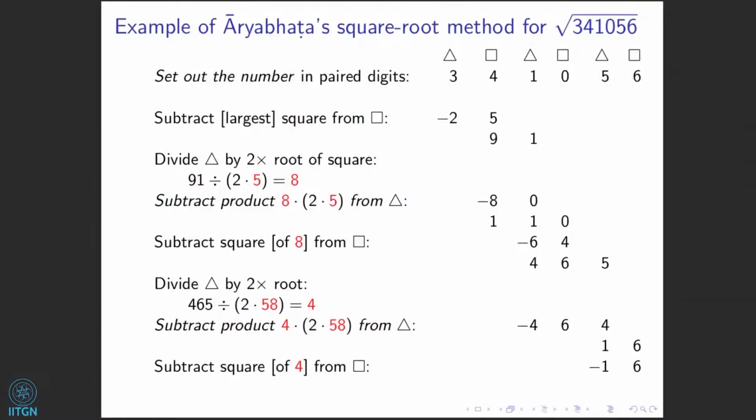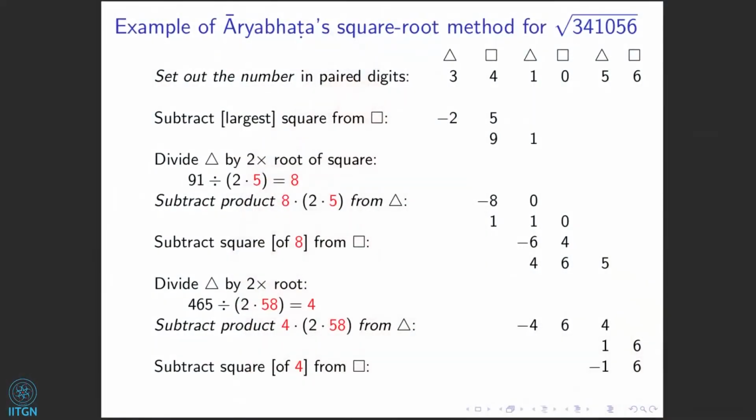I have denoted the square places, the even powers of 10, with little squares, and the non-square places with little triangles. And you can kind of see how these successive steps in the algorithm correspond to these very brief references Aryabhata's verse makes to subtracting a square from the square place, subtracting the root times the quotient times twice the root from the non-square place.